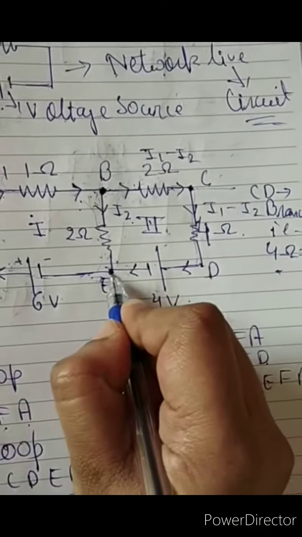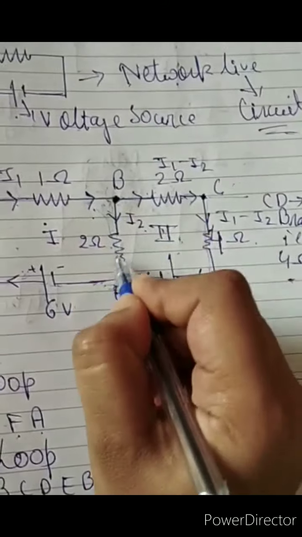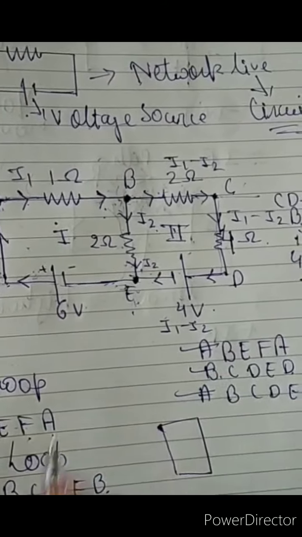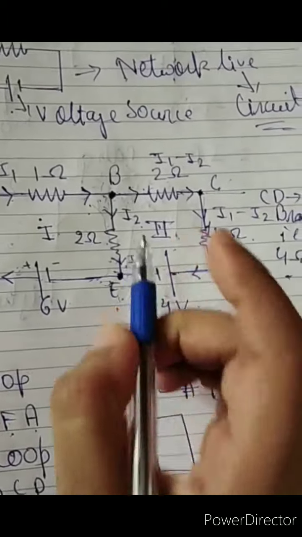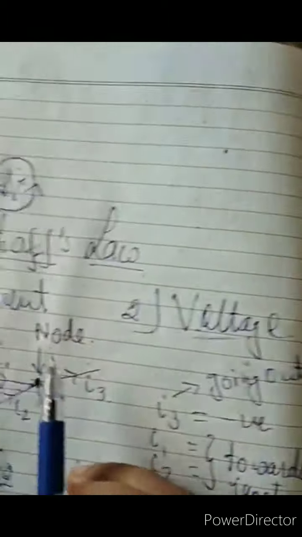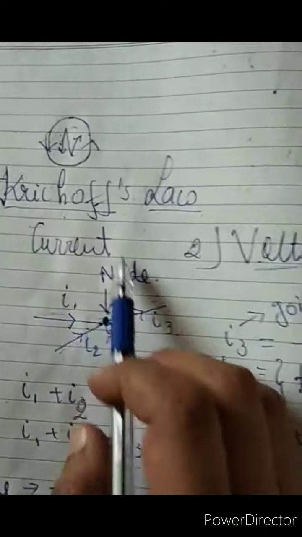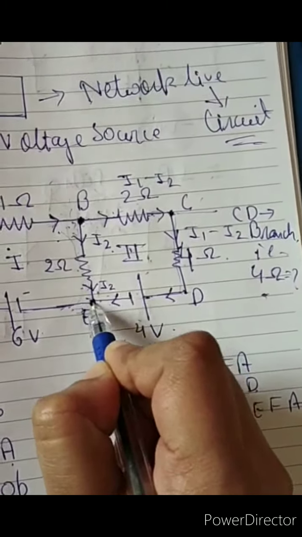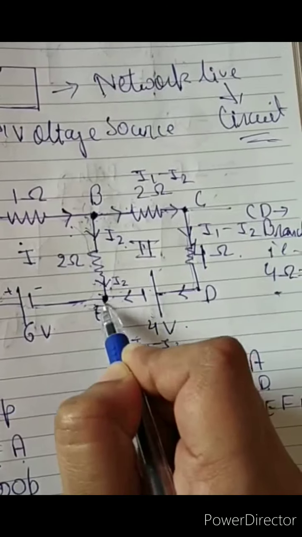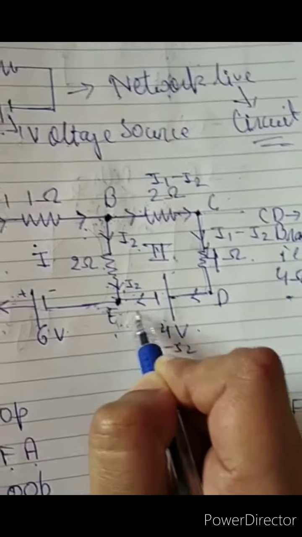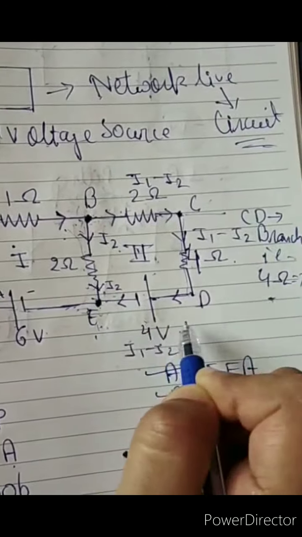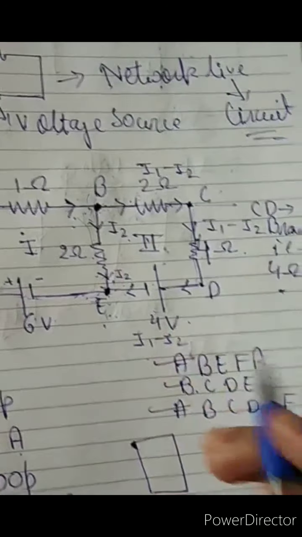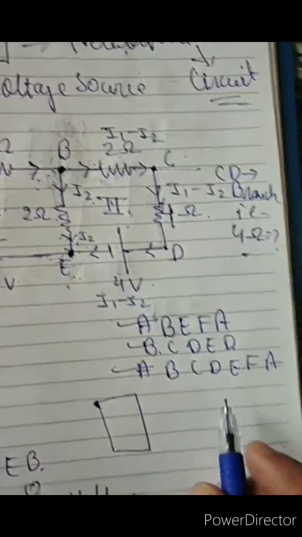Now look, at this point E, from the top I2 is coming, and here I1 minus I2. So remember, we have the first Kirchhoff law, the current law, which concerns the current coming towards the junction. If you are standing at point E, what will you see? Two currents, I2 and I1 minus I2, coming towards junction E. Current towards the junction is always positive.